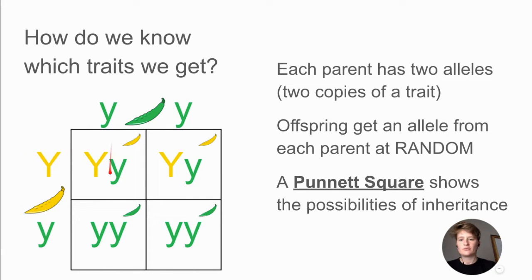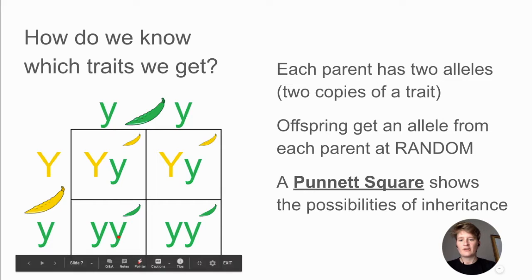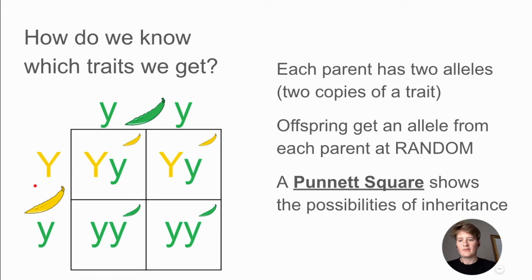The letters move into the boxes that they are in line with, and they combine or match up with the other letters to make a full genotype. So within each box is one possibility for this cross's offspring.